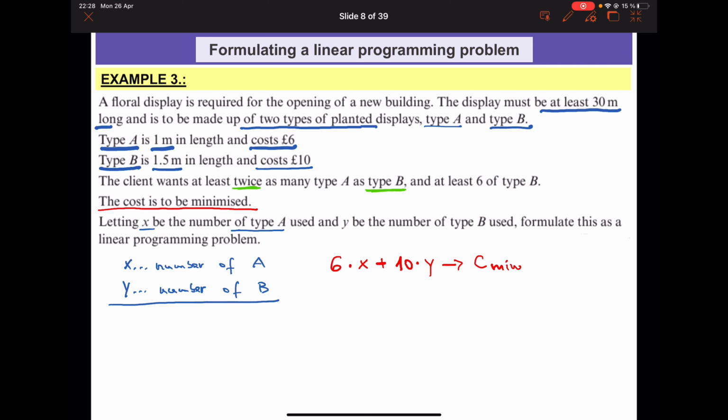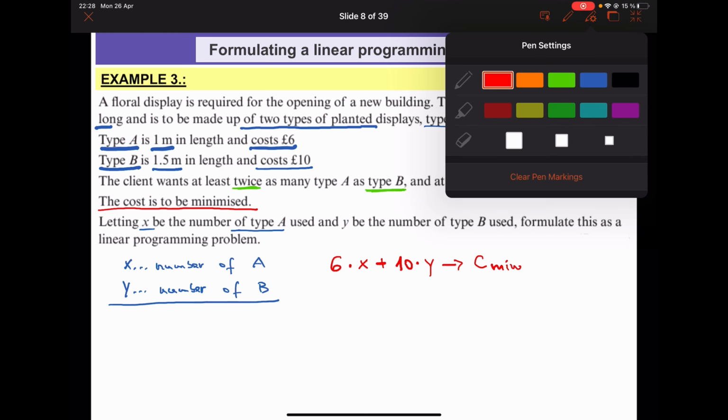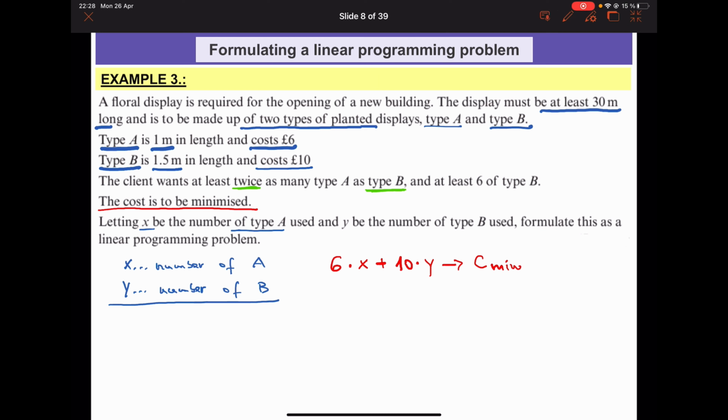So I have objective function, and lastly constraints. Constraints are right here. So what do I have? I know that I have to have at least 6 of type B. So y must be greater or equal to 6.